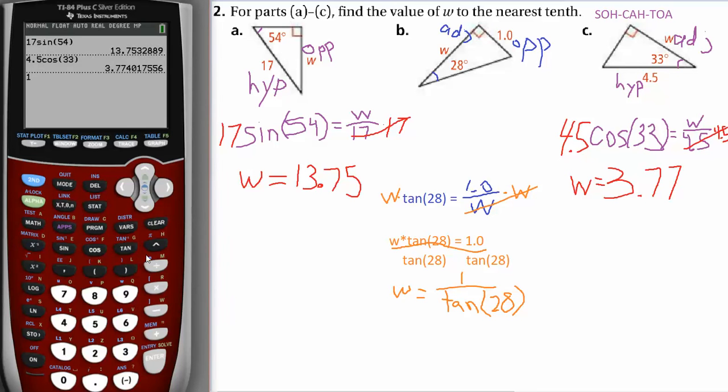So 1 divided by tangent 28. So W equals 1.88.